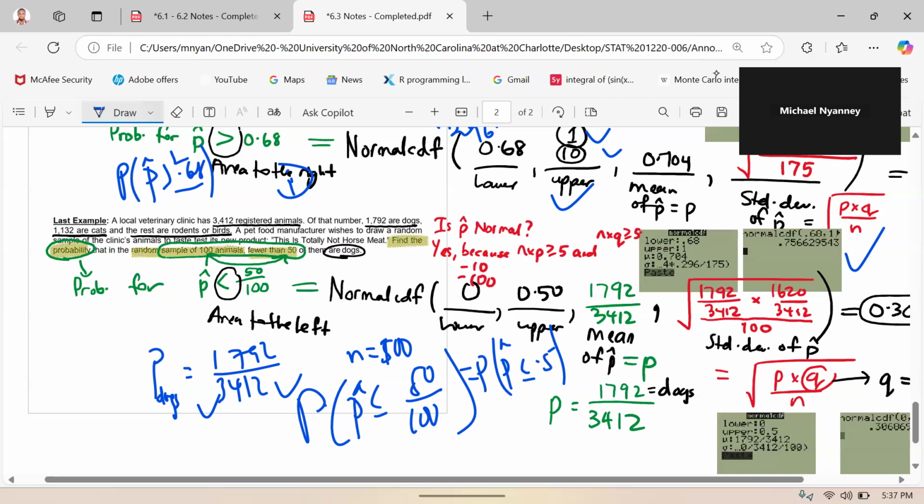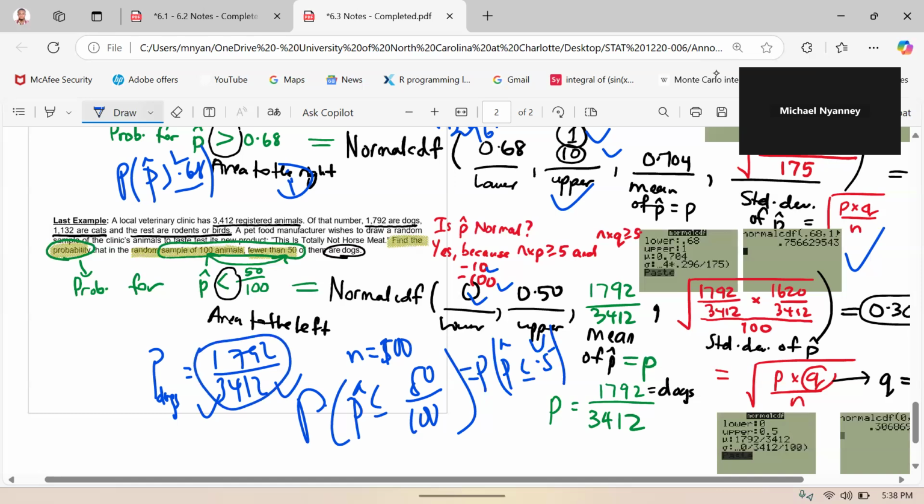So this would be your upper now, and this should be your lower. Could be 0, it could be negative 10, it could be negative 100. Note that now we are focused on dogs. So the population proportion for dogs is this figure that you are seeing.